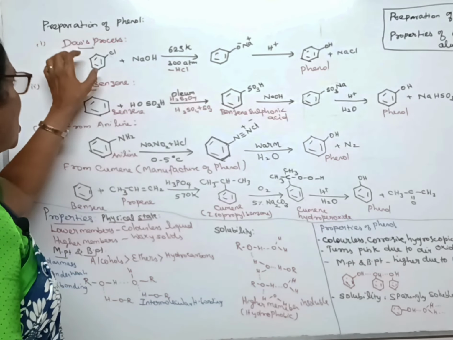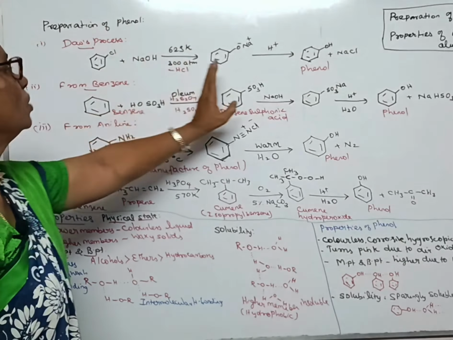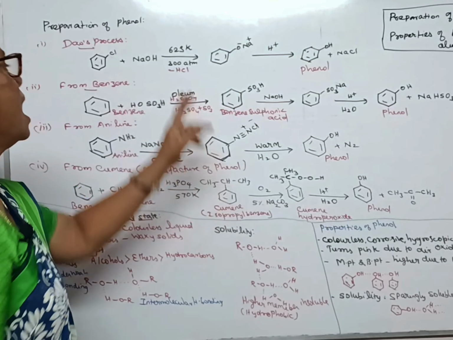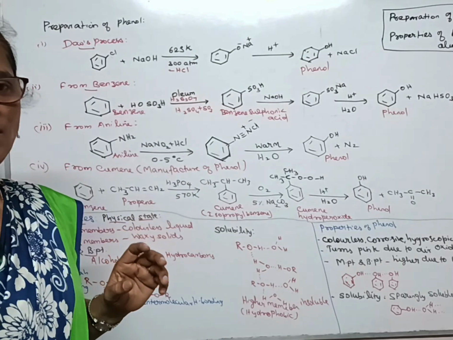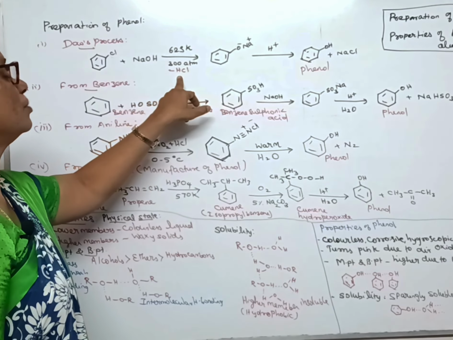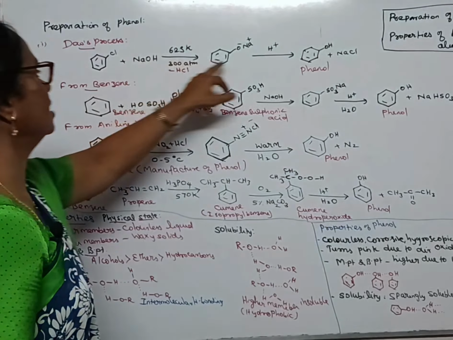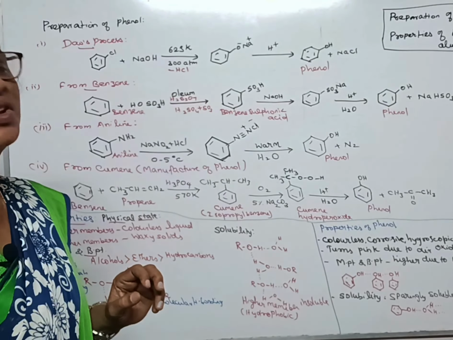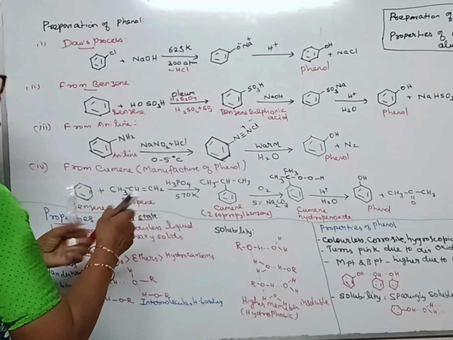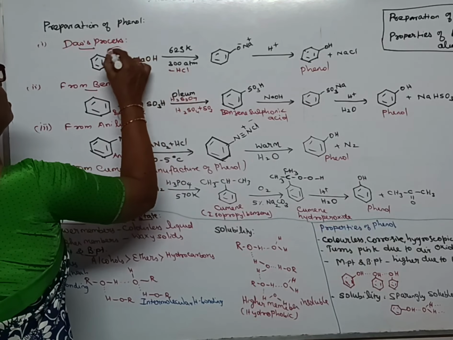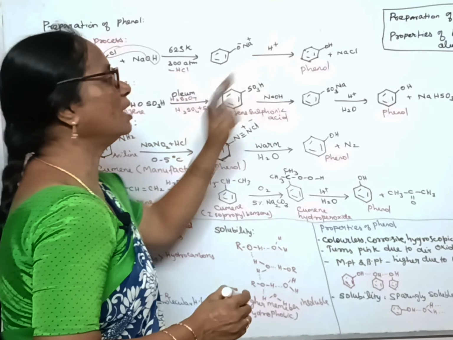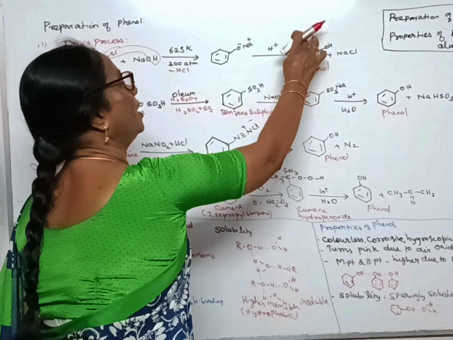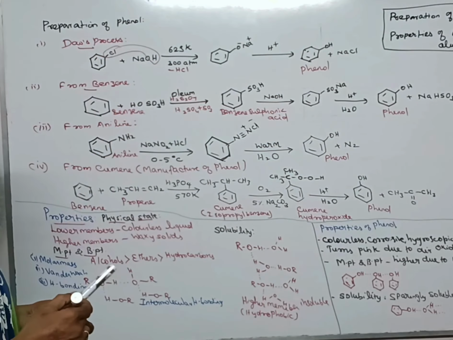But the molecule is made to undergo nucleophilic substitution under the vigorous conditions of 623 Kelvin and 300 atmospheric pressure. It is converted into sodium phenoxide where HCl is being removed. After that, followed by hydrolysis, we get phenol and sodium chloride.